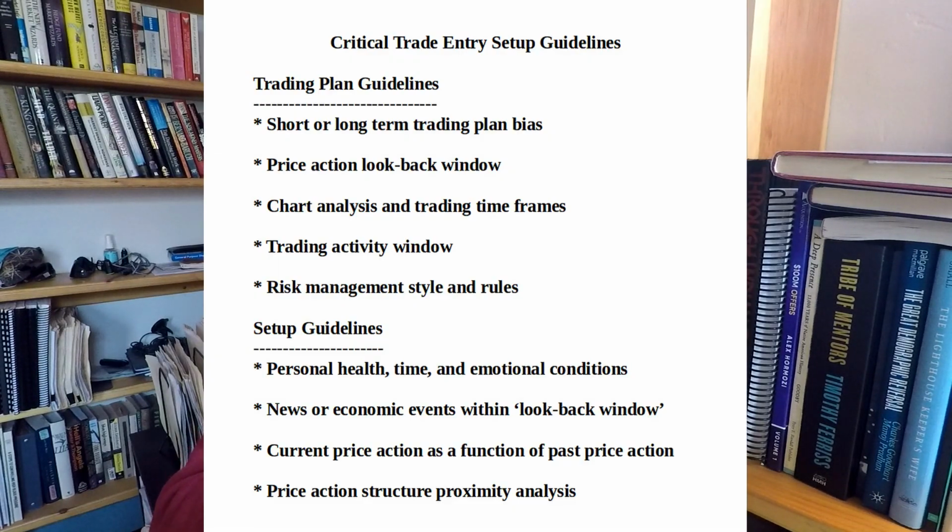But that look-back window becomes really critical when you're looking at whether there's any news or economic events within it, because the third setup guideline is looking at current price action as a function of past price action. Current price action and past price action are affected by the ripples of that economic event.